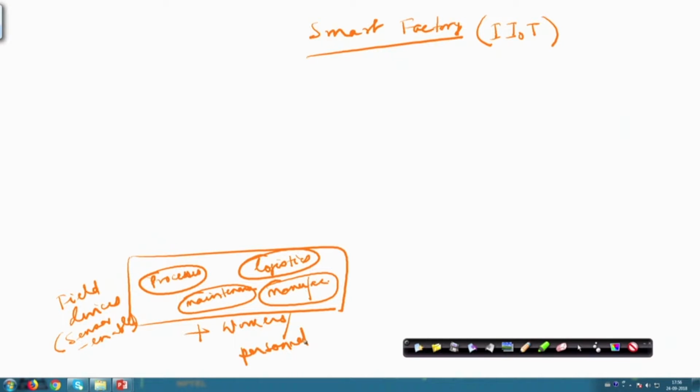So, all of these, monitoring the health of the different devices, and the health and working condition of the workforce, the personnel working in a smart factory, are going to be done. Thereafter these data are going to be sent to the shop floor.